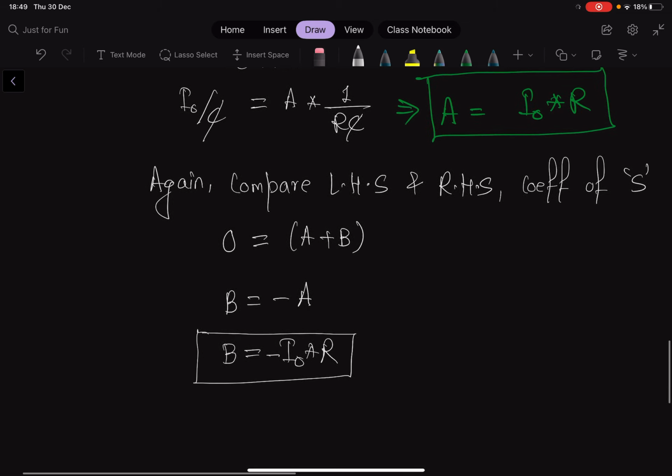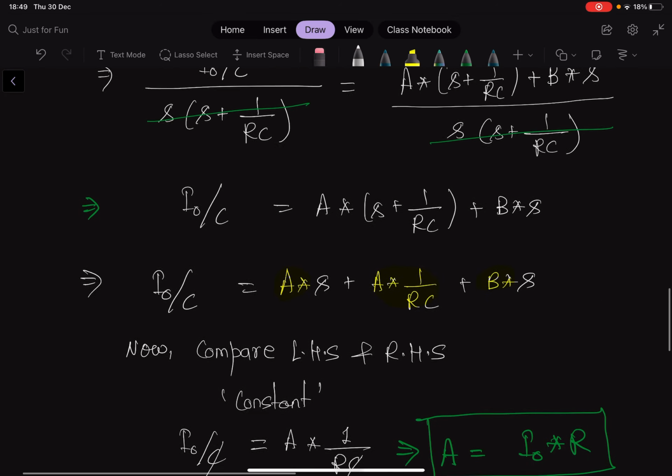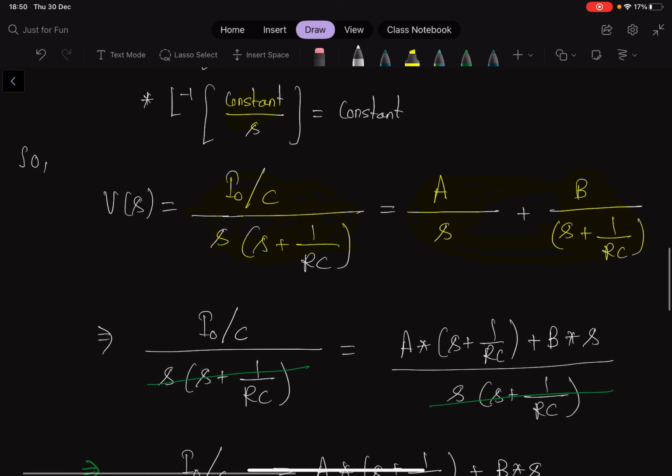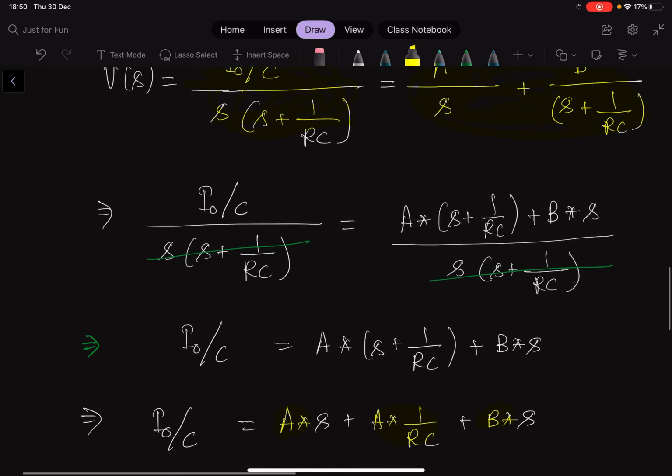So let's include the values of A and B that we got in this equation. What are we going to get then?